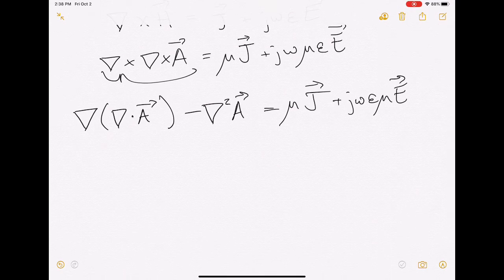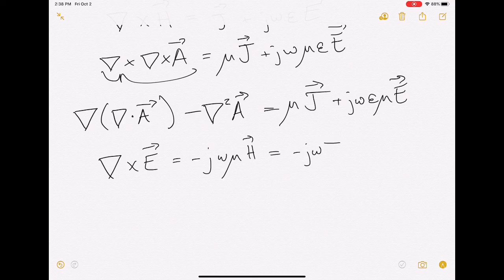We're going to start with Faraday's law. Remember, Faraday's law is that the curl of E is minus j omega mu H, which is also minus j omega curl of A. All right. Well then, what if we move both of these things to the same side?